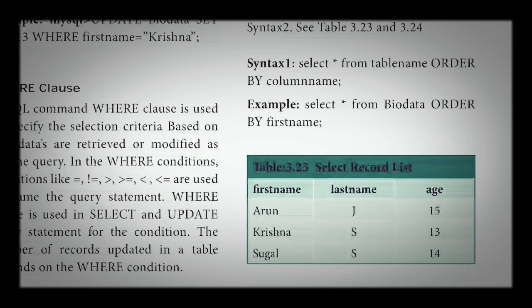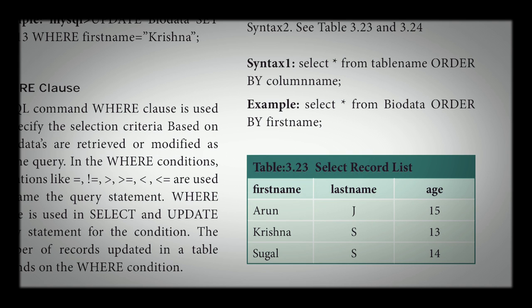This is the syntax: select from table name, order by column name. So you are selecting star from table bydata, order by first name.